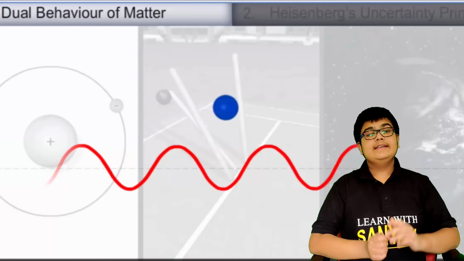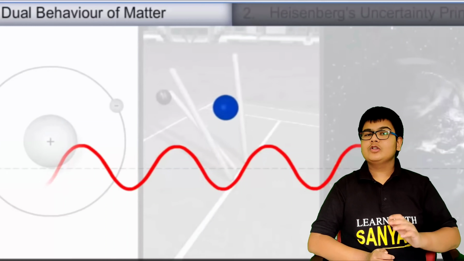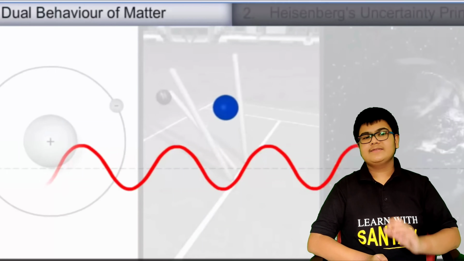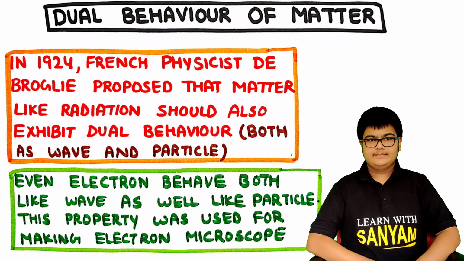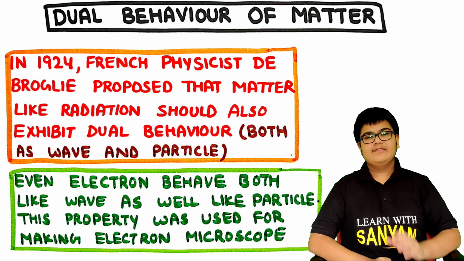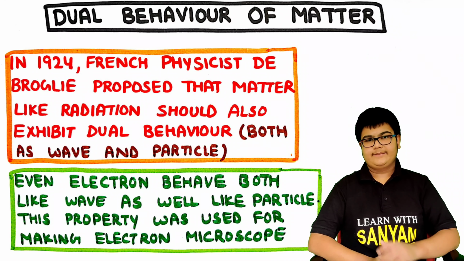This means that even electrons should behave both like wave as well as like particle. This property was used for making electron microscope, and also it played a major role in the development of quantum mechanical model of atom.